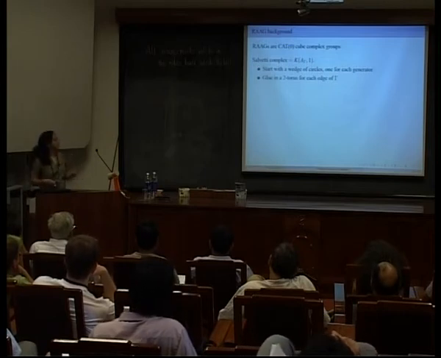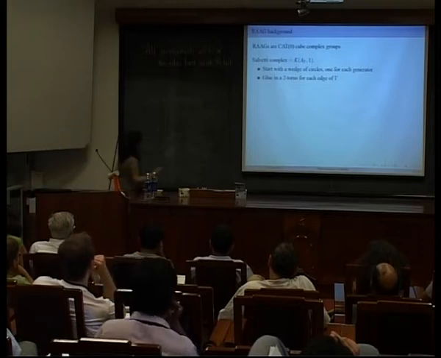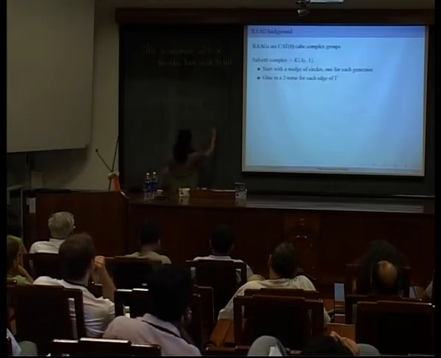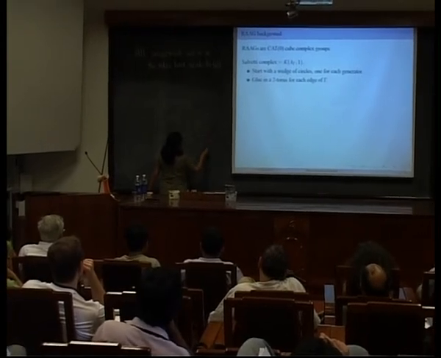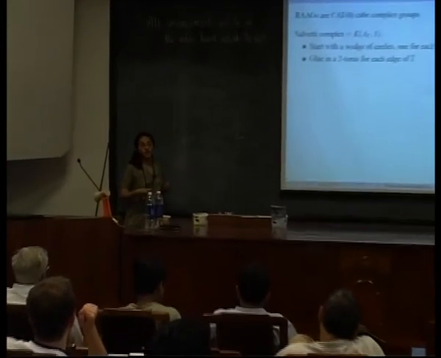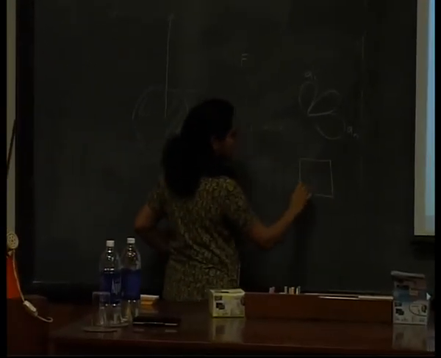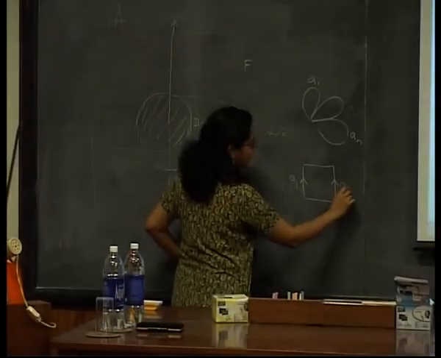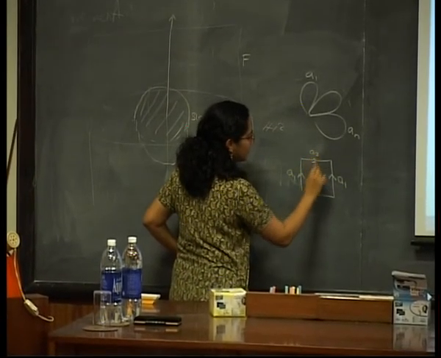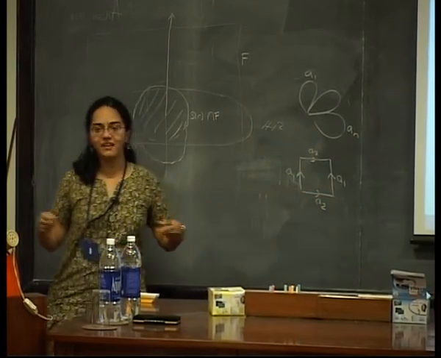So the reason is that, let's say you're trying to build a presentation complex, the next step that you would do after you build this wedge of circles is you would glue in 2-cells corresponding to the relations, and since all we've got is commuting relations, those relations would look something like this. So what you're seeing here is a square with opposite sides identified, so that's a torus.